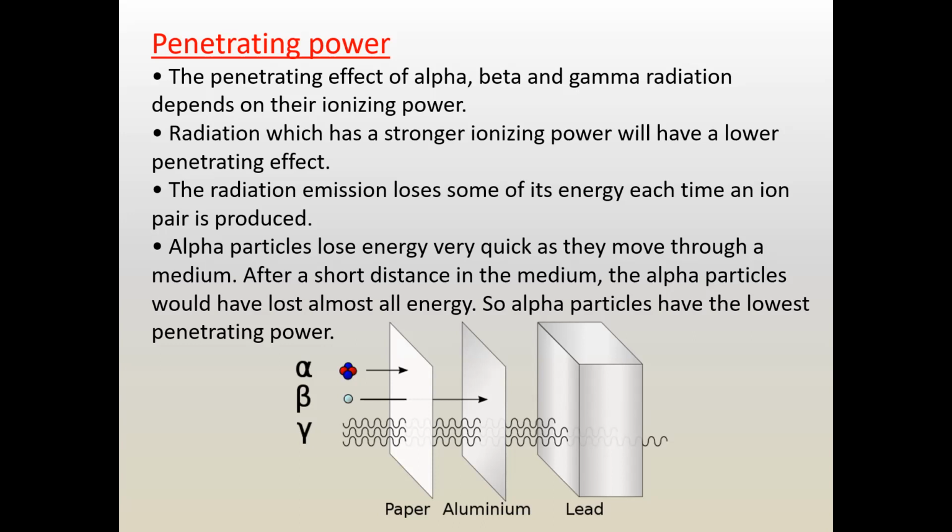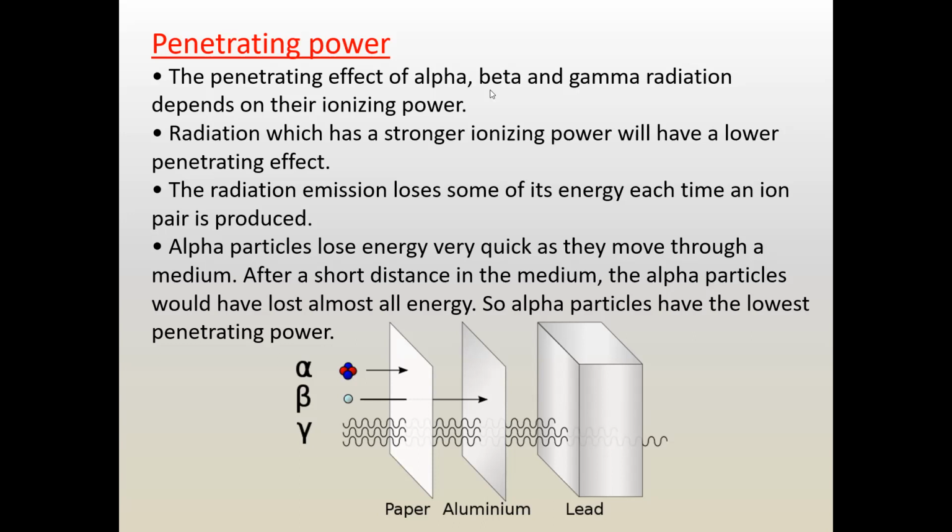If thick lead is there, it can stop or reduce the gamma radiation. So alpha cannot pass through paper, aluminum, or lead, beta cannot pass through aluminum and lead, and gamma cannot pass through lead. Even if we place aluminum first, alpha and beta will be stopped, because if alpha cannot pass through paper, it cannot pass through an aluminum sheet.